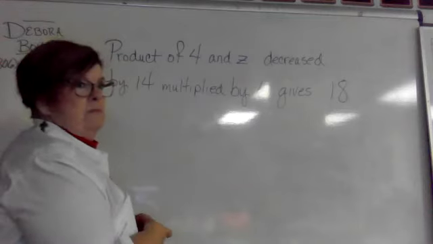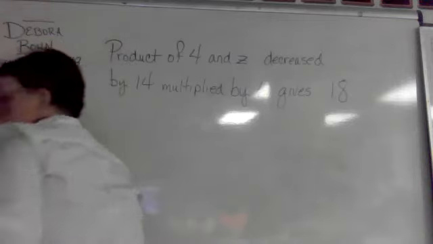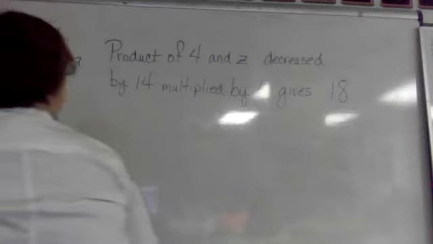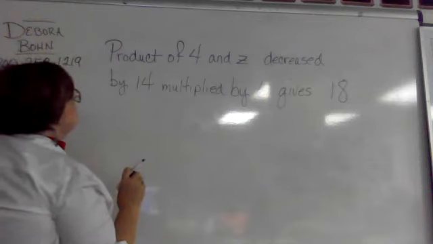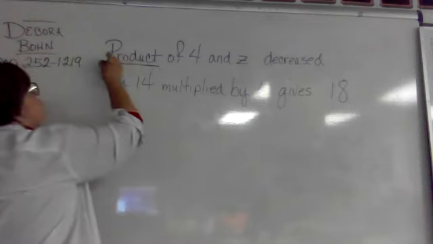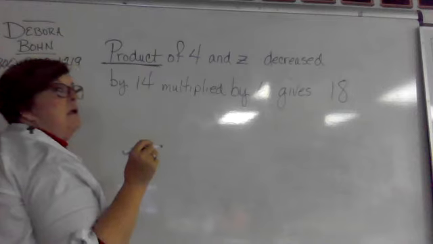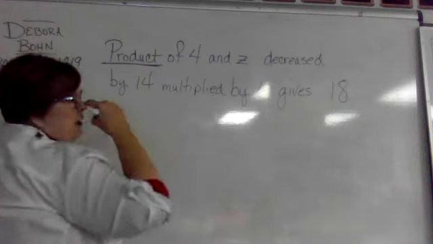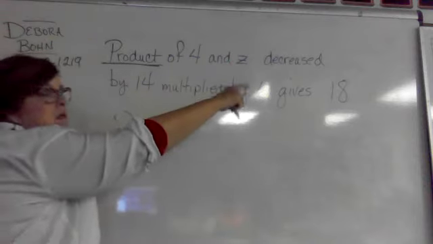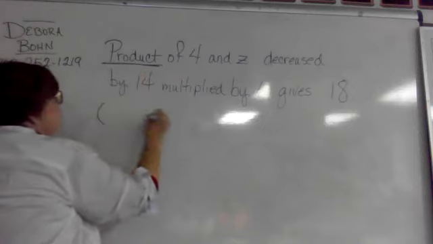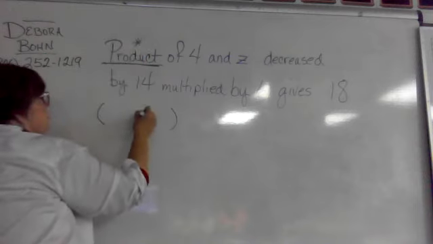So product means multiplication. Yes, so you're going to multiply 4. Remember, this is one of those words that if you see it, you automatically put parentheses. And this means times, so you put a times in the middle.